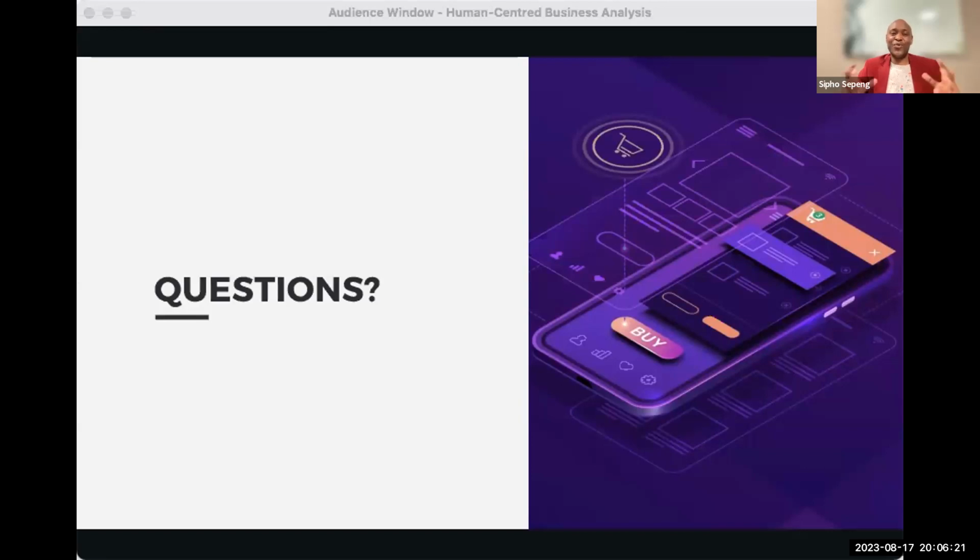So the approach is different because they've come to know us as people that actually go out to the market, empathize with customers, identify if there is appetite for this kind of solution in the market.